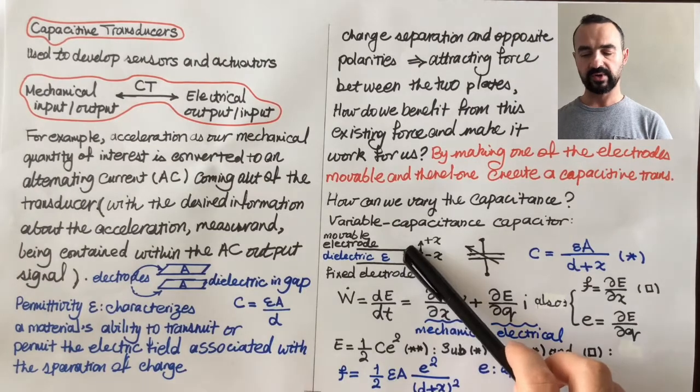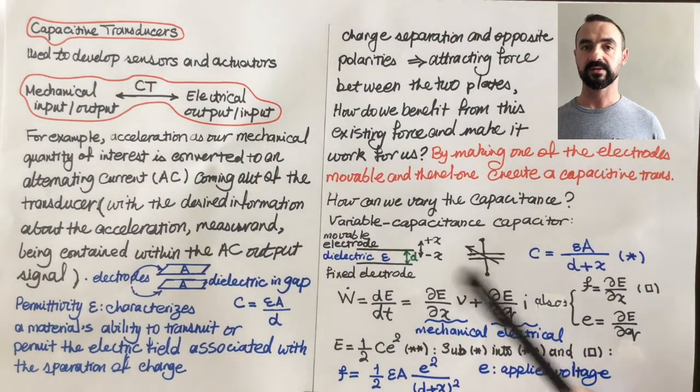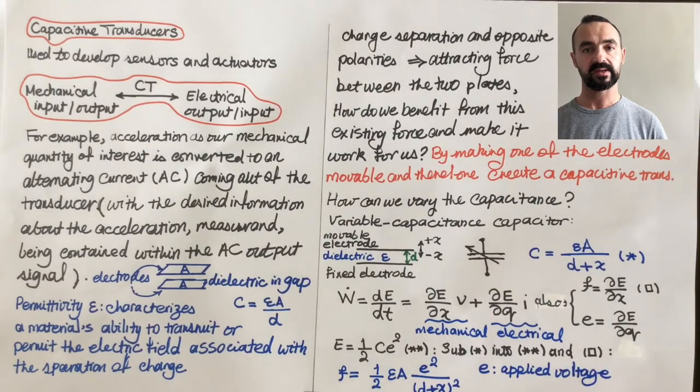We have discussed the force applied on this movable plate, and because we have this force, you can quickly relate it to your equation of motion. You can immediately think of Newton's second law being applied to this movable plate, and then use that to relate your desired output signal, acceleration, to all these quantities.